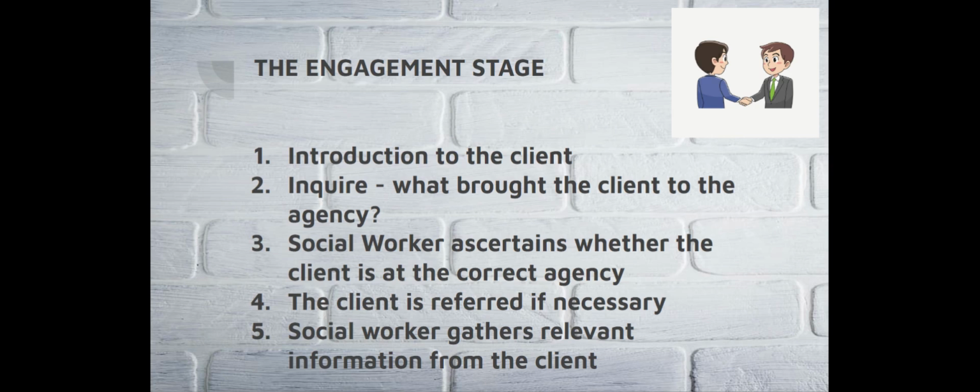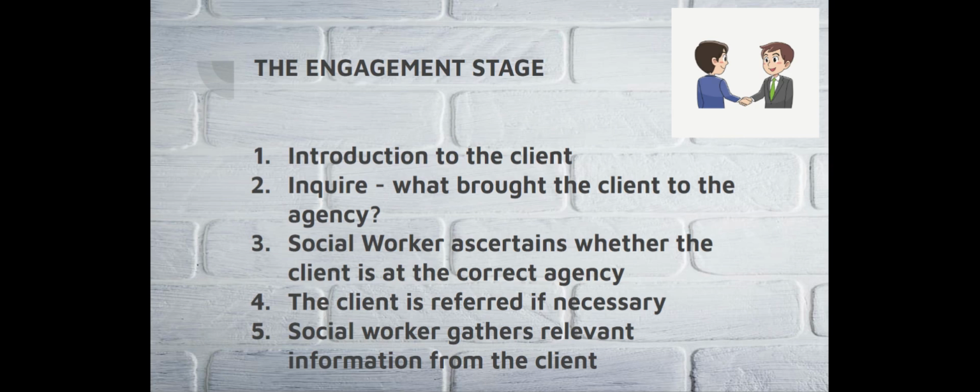Thirdly, the social worker now ascertains whether the client is at the correct agency. After a couple of questions, the social worker would be able to know whether the agency has the services available to help the client. If not, then the client is referred to an appropriate agency.